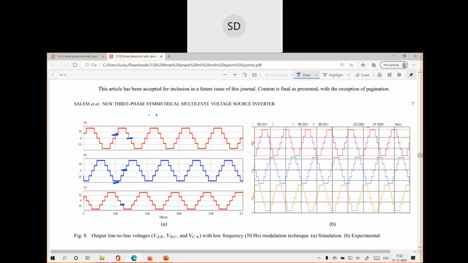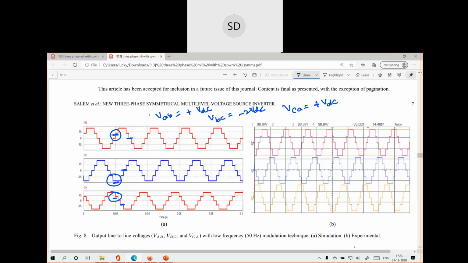That means VAB is plus VDC, VBC is minus 2 VDC at the same time, and VCA is plus or minus VDC. Agree? I'm just looking at this portion. Clear?